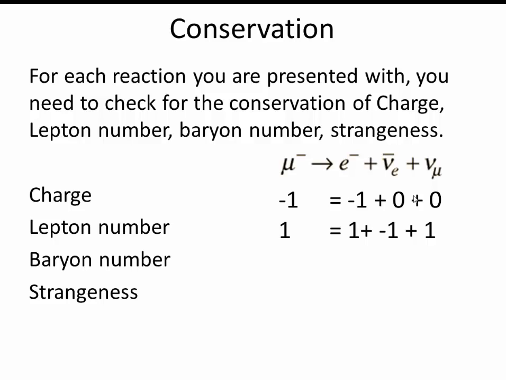Baryon number, well, these are leptons, they're not baryons, so that's an easy one. And strangeness, they're not quarks, so there's no strangeness there. So all of these work. So this interaction could happen. These are leptons, so it will happen by the weak force.